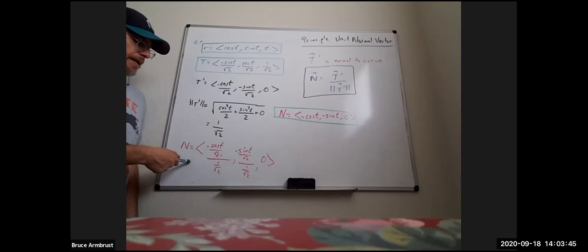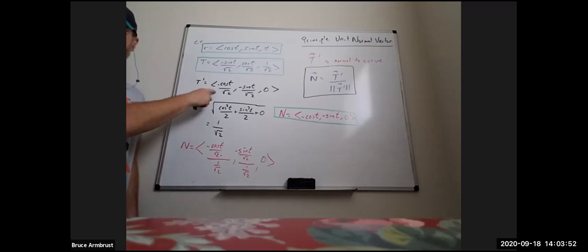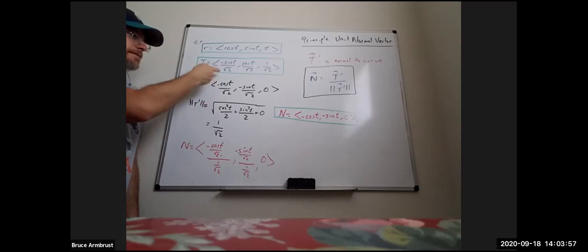So hopefully you're seeing that the process for finding big N is identical to finding big T. We're just using a different function because we've now got a different vector.